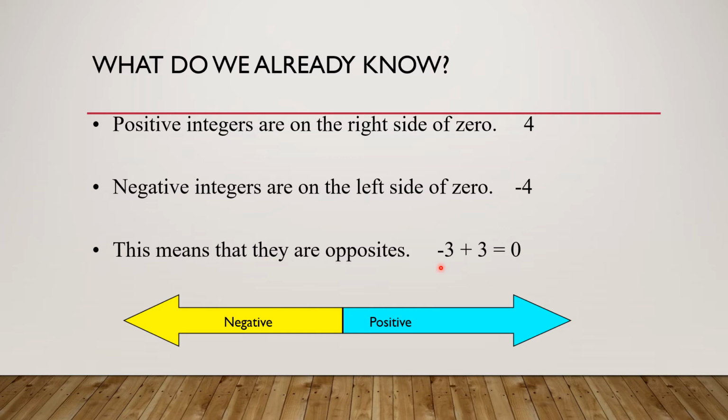For example, negative 3 plus 3 is equal to 0 because they are a pair. So, if here is negative 3, and here is positive 3, when you take their distance, they have the same measure. That is why the answer is 0. Okay?